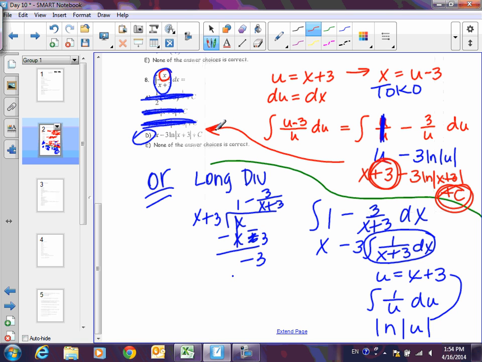I just am afraid some people might want to take e because they're like, oh, there's no plus 3. All right. Why is u over u just u? Why is it not just 1? It is 1, but then you integrate it, which is u, which is x plus 3. This was 1, and then the integral of 1 is u, which is x plus 3. Okay.